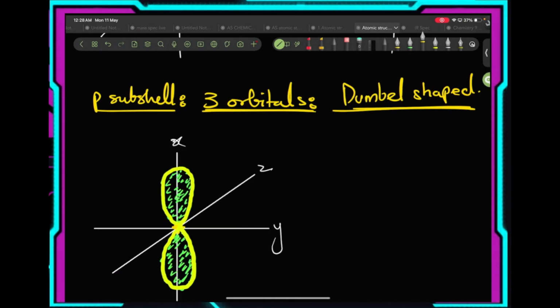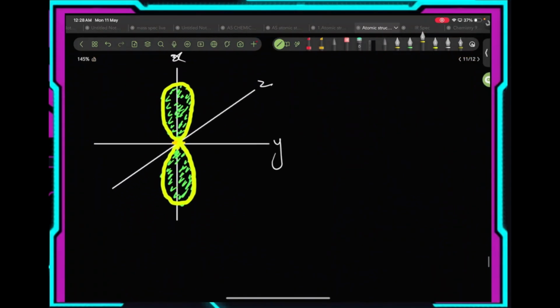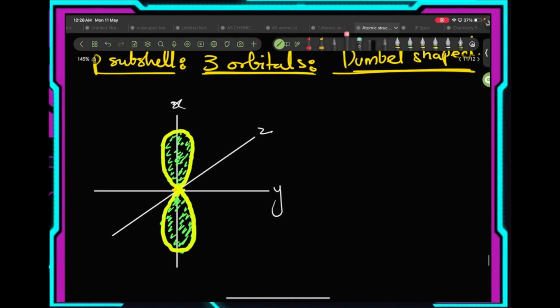Again, you do not have this outline around the p orbital. You're just making this outline to understand the shape of the p orbital, just like we did for the s orbital. This is the region in the p orbital where the electron will spend most of its time. But you said you had three orbitals. This is only one orbital from the p subshell.